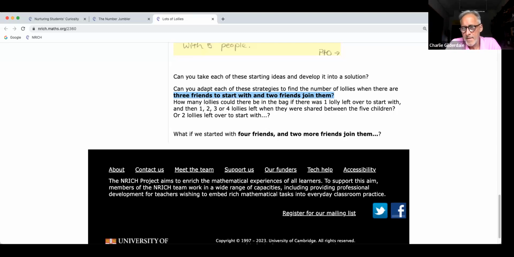Okay, I think a few people have spotted why we've asked this question. Yeah. And as Vali and a couple of others have said, it's impossible, because if you're going to have 4 friends and 1 lolly left over, then there must be an odd number of lollies.